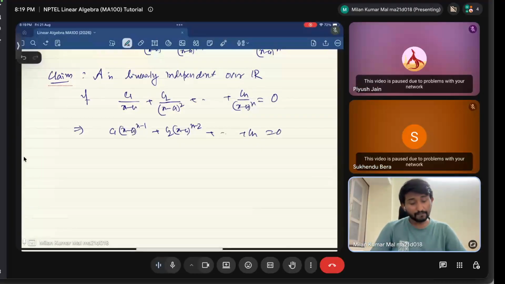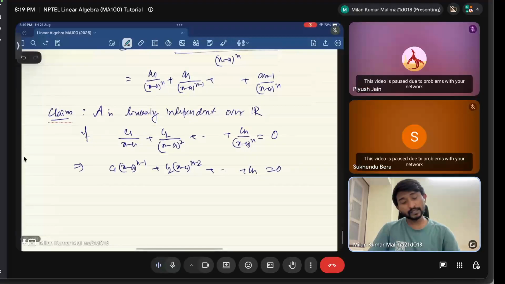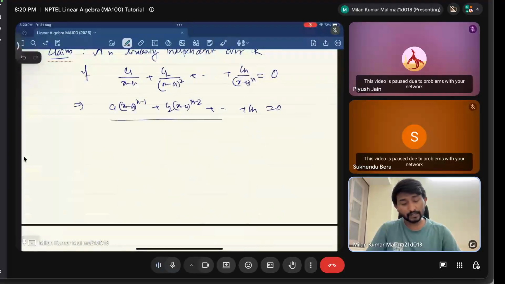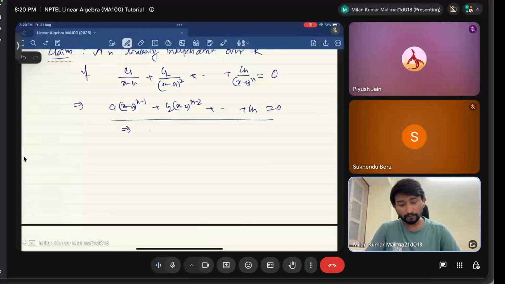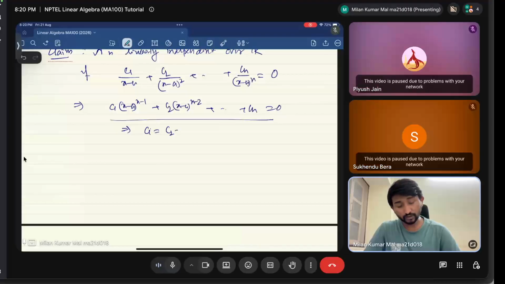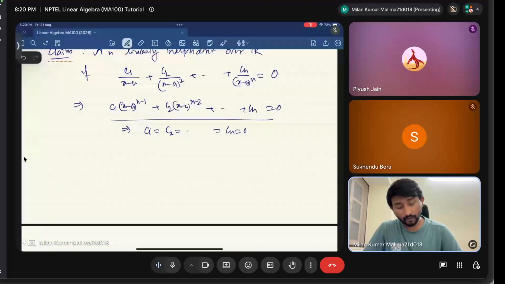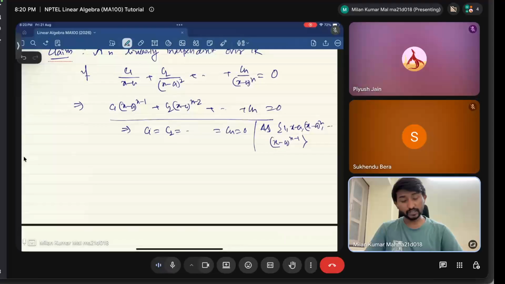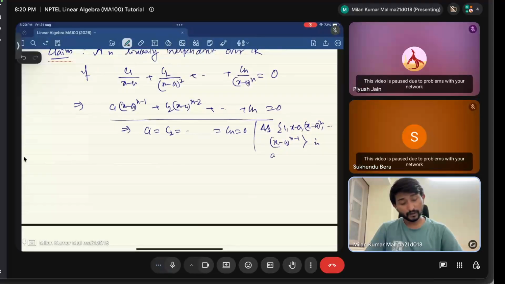But note that I have said 1, x minus a, (x minus a) square, all the way (x minus a) to the power n minus 1, itself is a basis of the space of all polynomials of degree n minus 1. So if this is equal to 0, then we should have c1 equals c2 all the way equals cn equals 0, as once again I am mentioning, 1, x minus a, all the way (x minus a) to the power n minus 1 is a basis of P n minus 1.